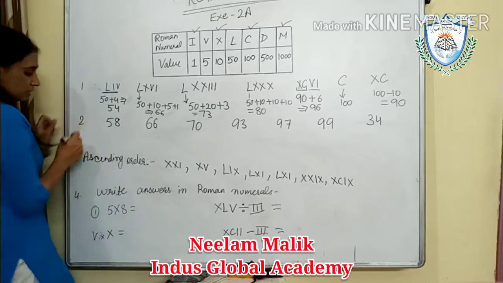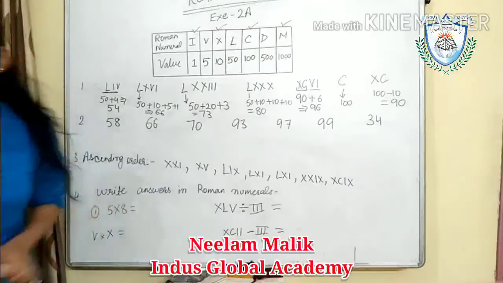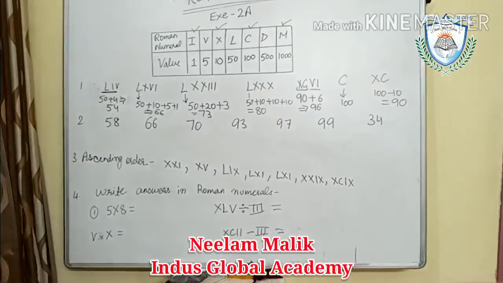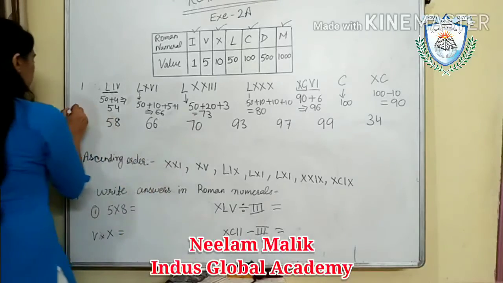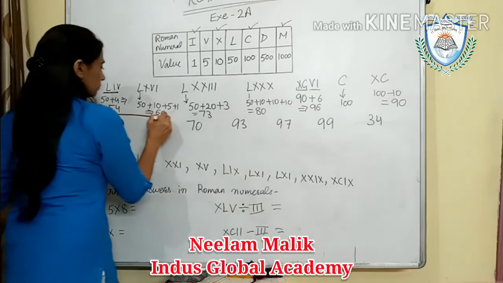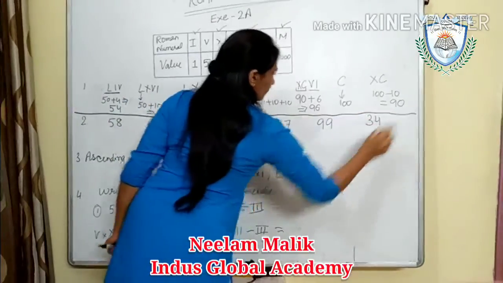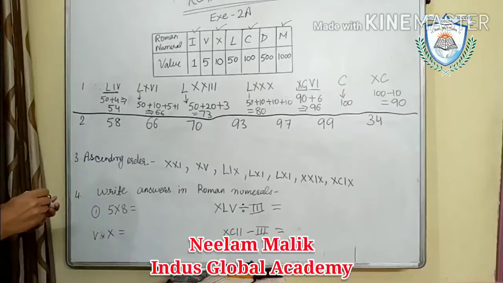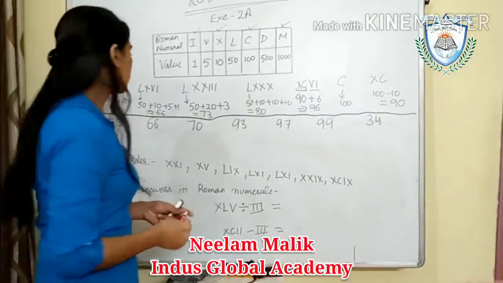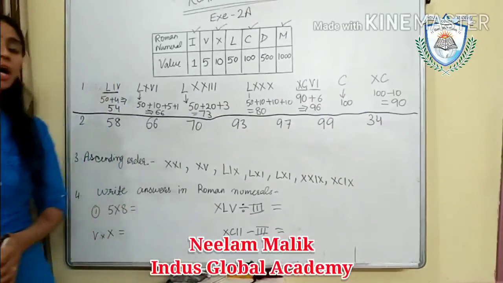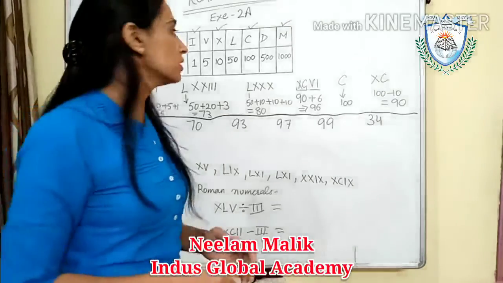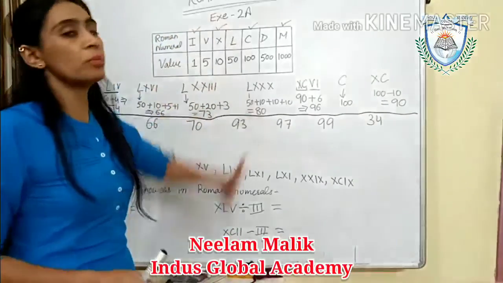Now your next sum is, some Hindu Arabic numerals are given and we have to convert those numerals into Roman numerals.